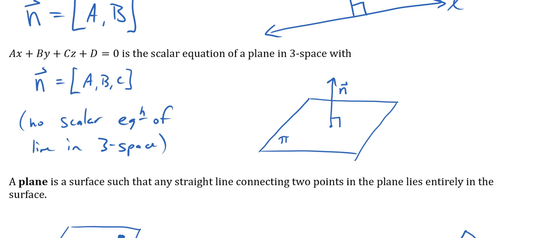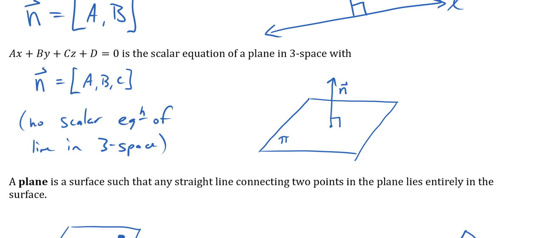So if I have two vectors that are parallel to that plane, when I take the cross product, I get a vector that's orthogonal. What do we call that? The normal. Why is the normal useful? Oh my gosh, because it's basically the equation.